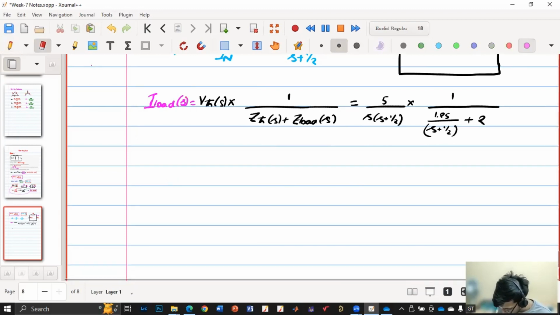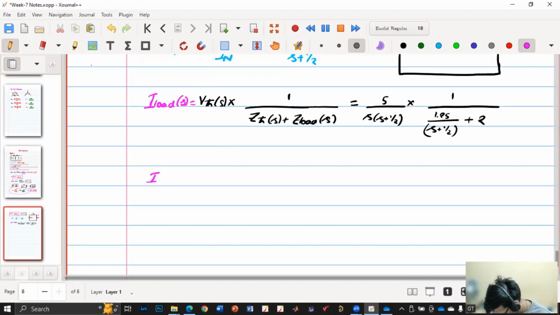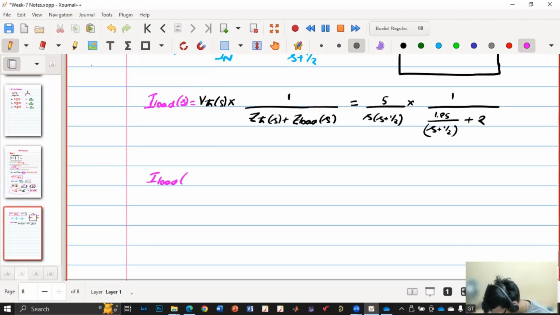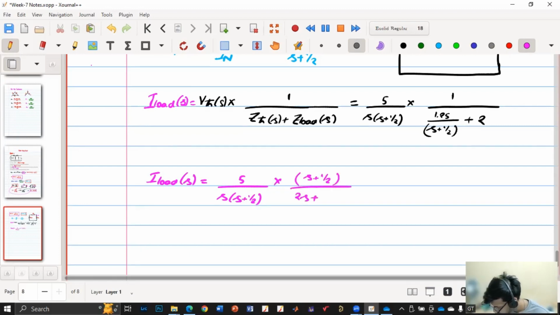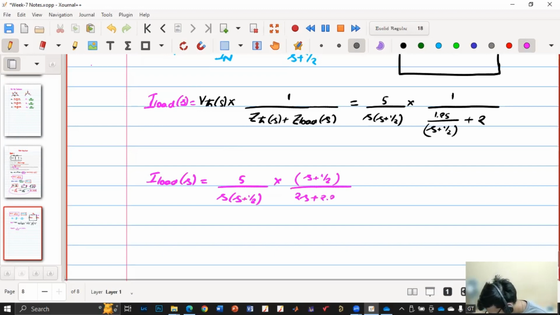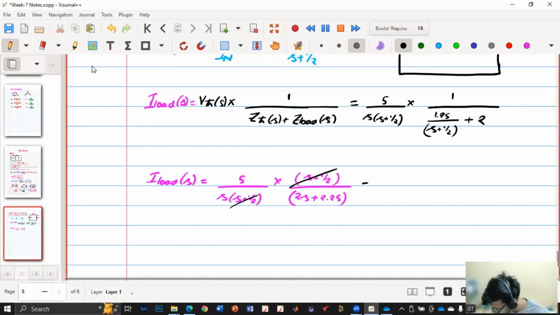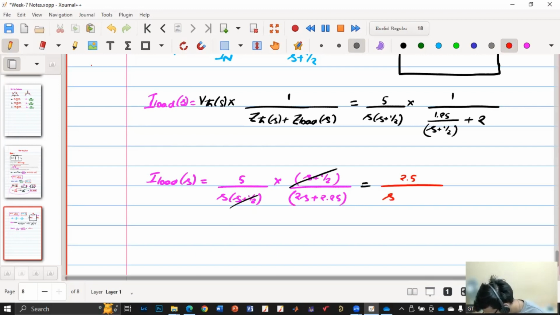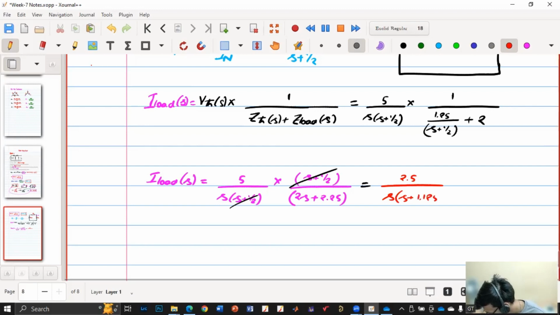I load of S is equal to 5 by S into S plus half into S plus half, by 2S plus 1 plus 1.25. So 2S plus 2.25. Now this will get cancelled with this, and we will be left with 2.5. I will take common 2 in the denominator by S plus 1.125.